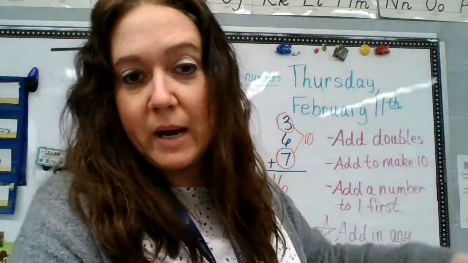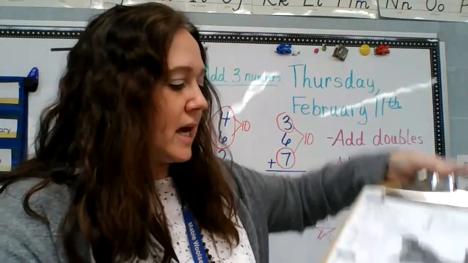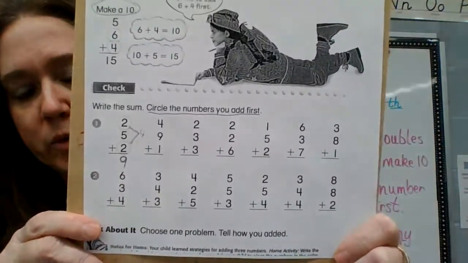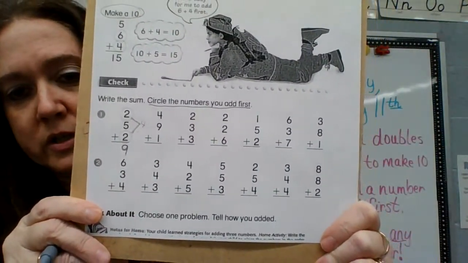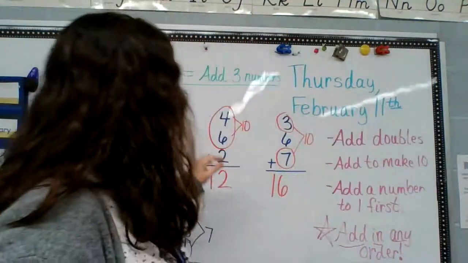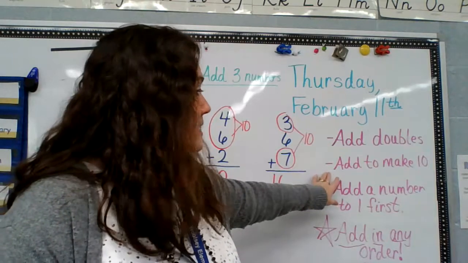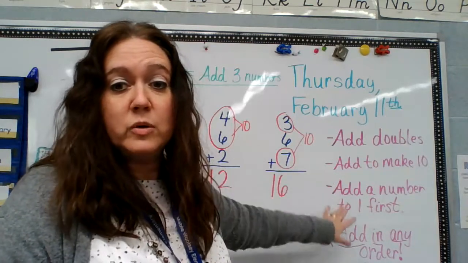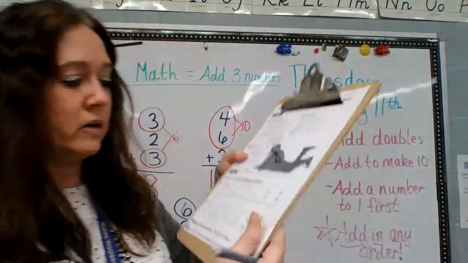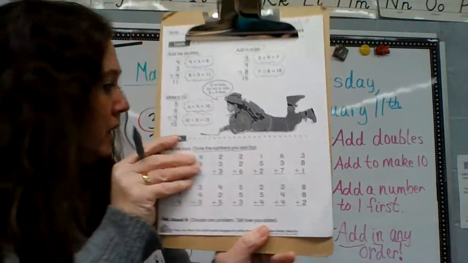Okay? I just want to remind you all the rest that you're going to do. You're going to do this side, circling the 2 numbers that you add together first, but adding all 3 numbers, remembering that you can add doubles first to help you, add to make 10 first to help you, add a number to 1 first, like some of these have 1 in them.